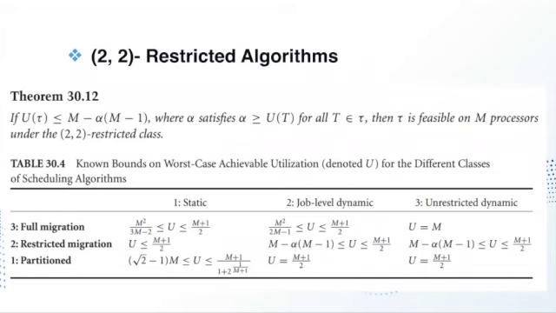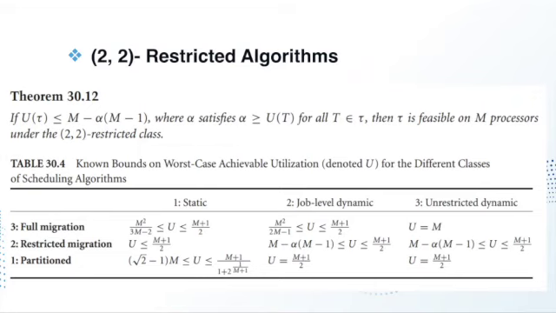Hence, we have the following result. Theorem 30.12: if u(tau) is less than or equal to m minus alpha times (m minus 1), where alpha satisfies alpha greater than or equal to u(t) for all t belonging to tau, then tau is feasible on m processors under the 2 and 2 restricted class.